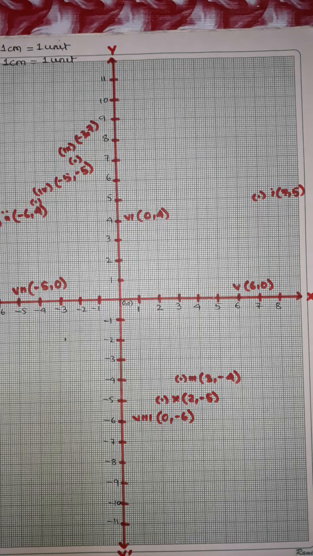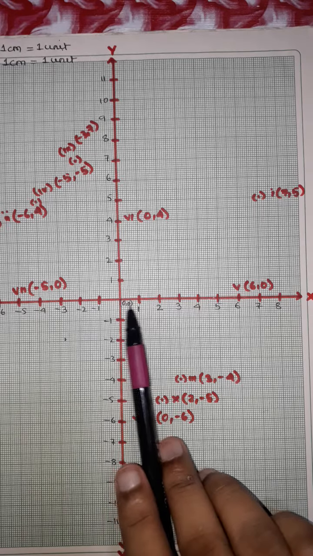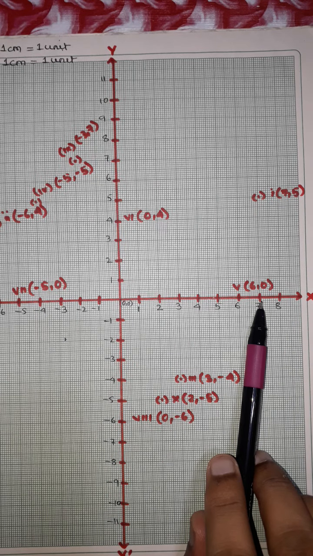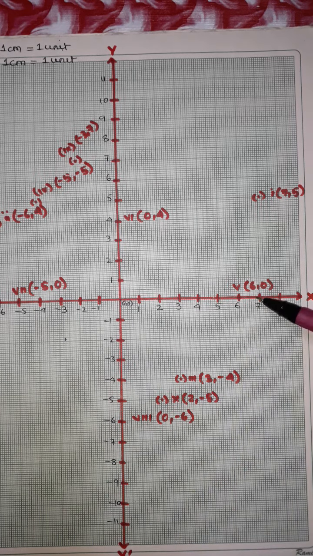Now dear student, one question is there, right? In that question it is said to plot the following points using the same coordinate axis. So that means we have to use the same coordinate axis. Points are given like number 1, 7 comma 5. To plot this, first you move 7 steps along the x-axis and 5 steps along the y-axis.